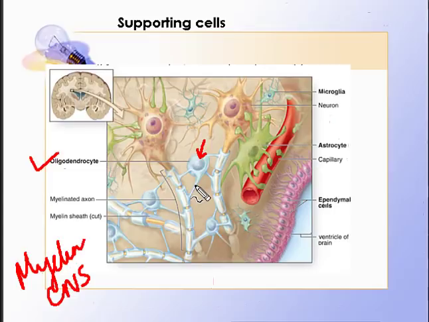The purpose of myelination is that it increases the speed of impulse conduction, because when myelination occurs, it leaves small areas. Over here, you can see little areas which are left bare of myelin, and these areas are known as nodes of Ranvier.